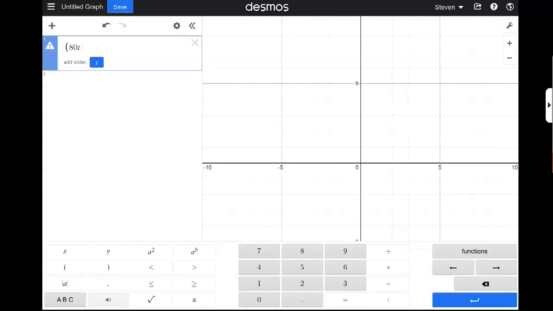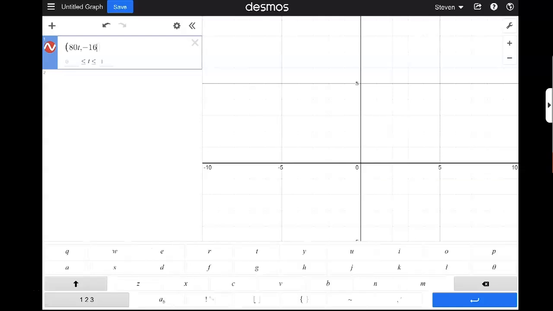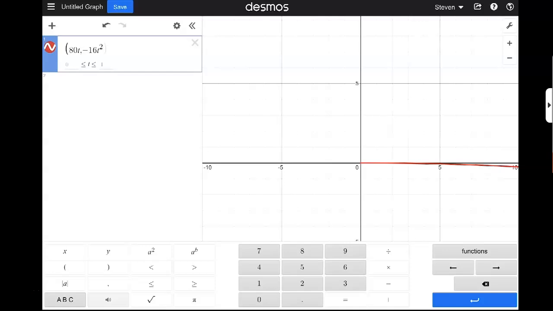So we would do 80t, comma, negative 16t squared plus 80t, separated again by the comma, and then close my parenthesis.